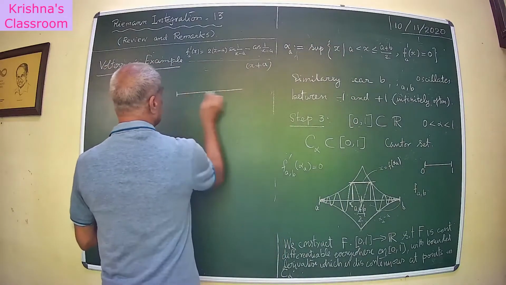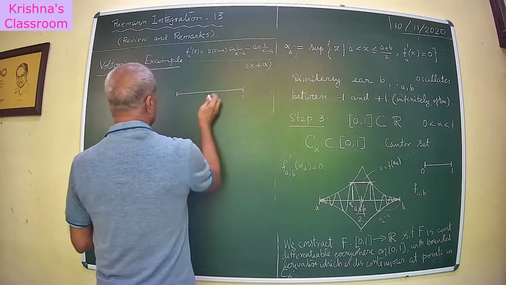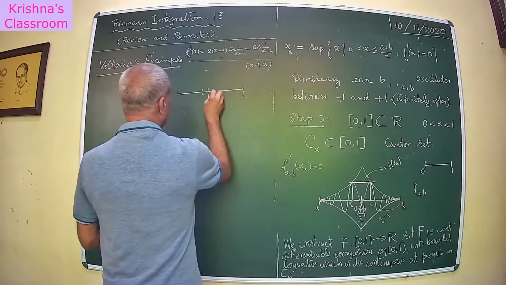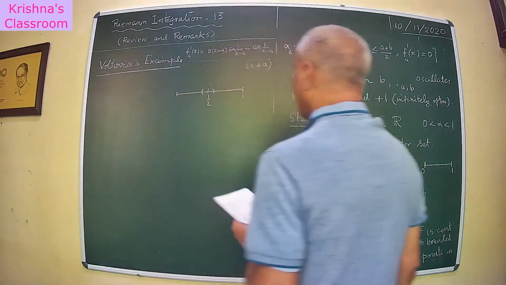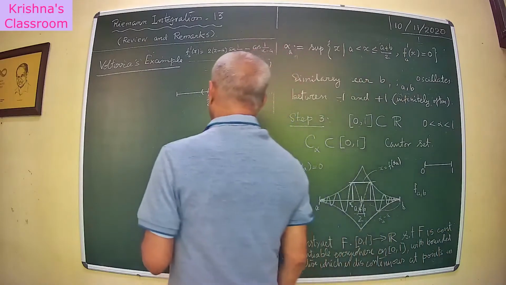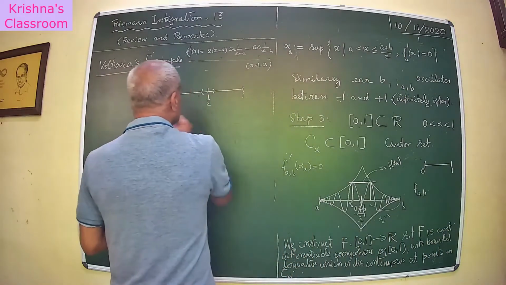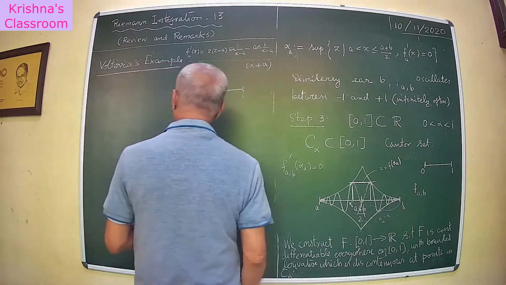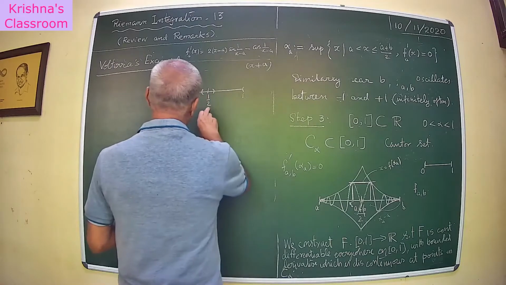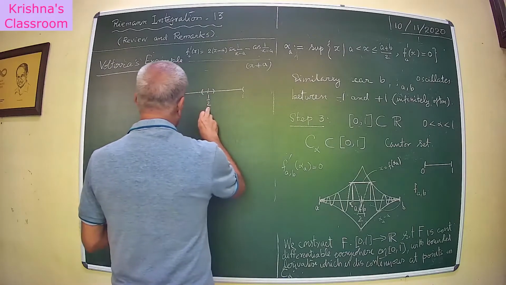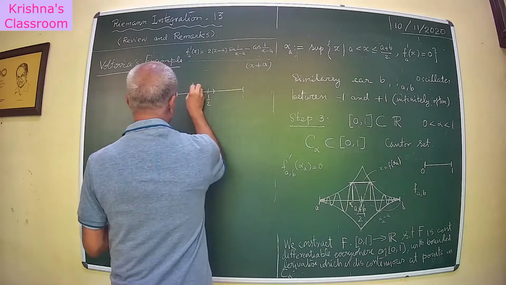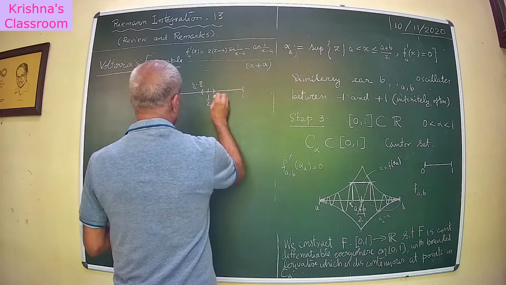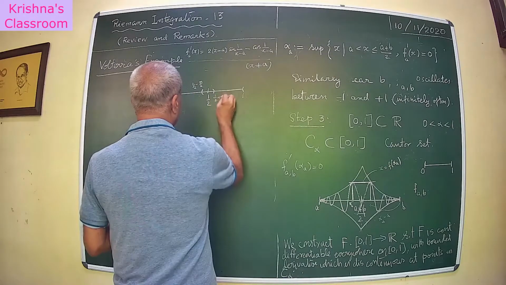So we have the interval 0 to 1, and for some alpha, if this is half, you take an open interval, where the diameter of the set is going to be alpha, symmetrically placed about half. So you see that this is actually half minus alpha by 2, and here it is half plus alpha by 2.